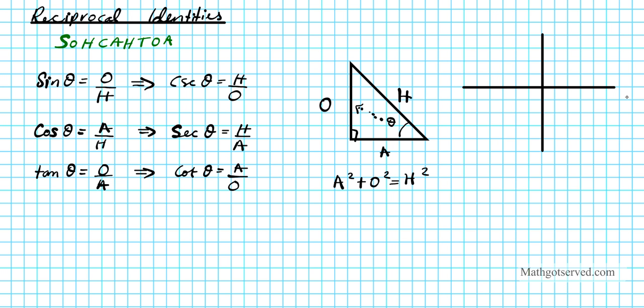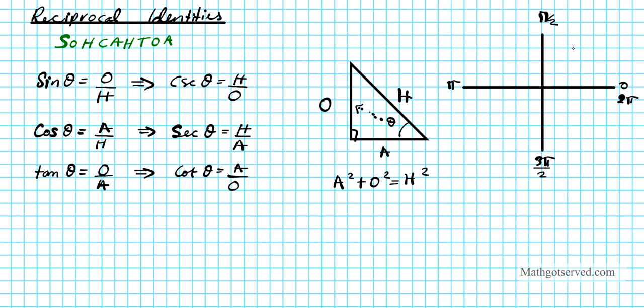This is 0 degrees. This is pi over 2, or 90. This is pi, or 180 degrees. And down here is 3 pi over 2, or 270. And then going full circle, we have 2 pi, or 360 degrees.